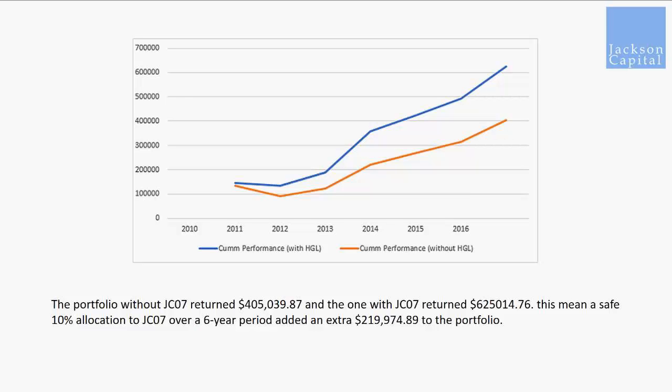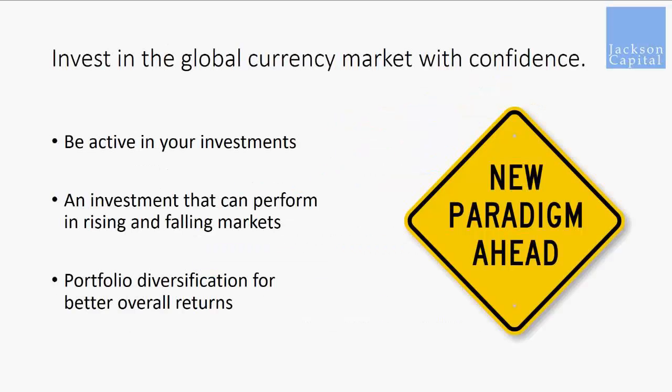So the difference is $219,974, almost $220,000. Okay. So you can see that a high-performing hedging solution can safeguard against additional risk, but also increase the overall return. Okay, let's talk about the performance.